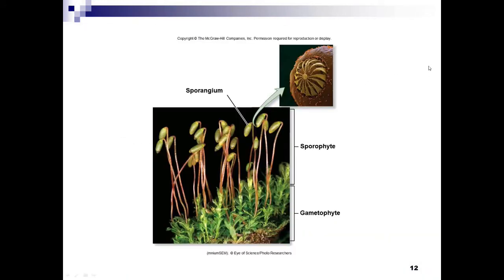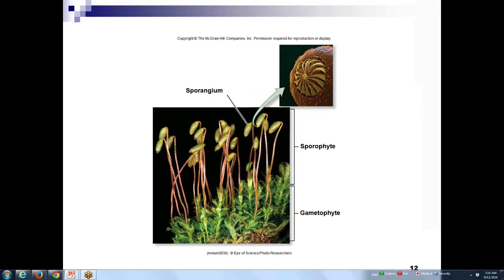Okay, moving on to slide 12. Here on slide 12, you can see we've got some pictures of the gametophyte generation of a moss, which is this green carpet-like part of the moss. That's the part of the moss you're probably most familiar with, right? I mean, when you think of a moss, you think of something like a green carpet. Well, that's the gametophyte, guys.